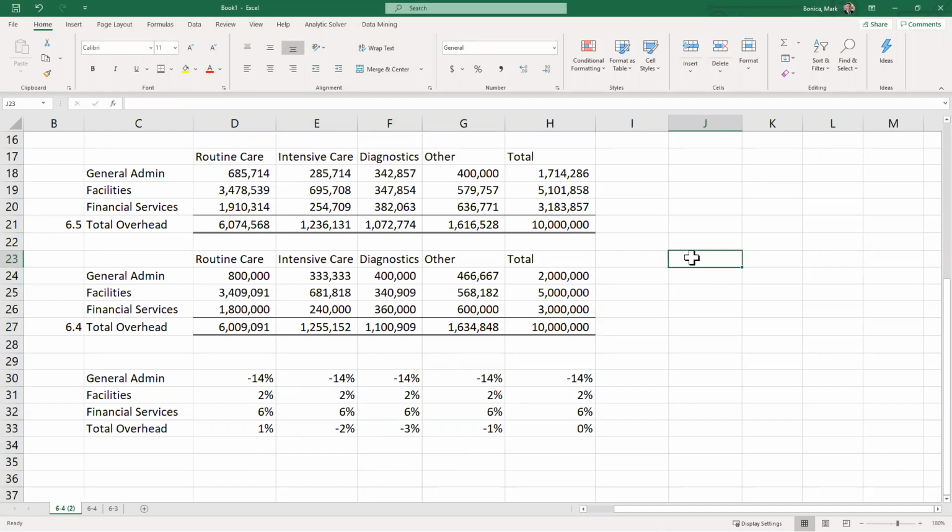Given that it's probably being done electronically, it probably doesn't matter that much. So, again, this is a cost-benefit analysis. It could go one way or the other. I think the main lesson from these three problems, 6.3, 6.4, and 6.5, is that getting the right driver, or a more accurate driver, is more important than whether you do direct or step down.